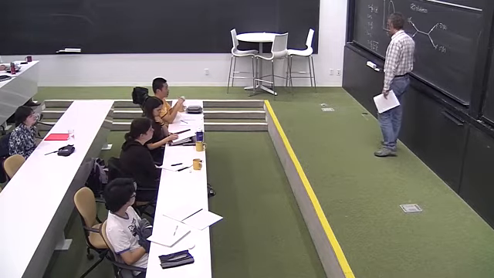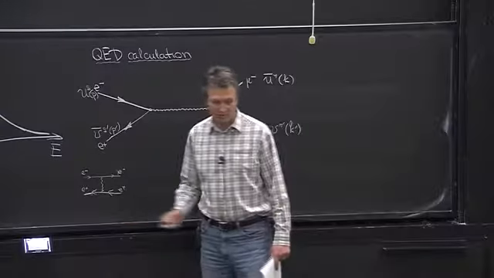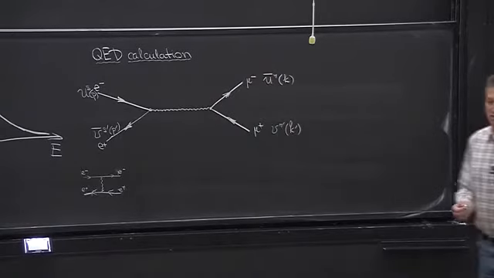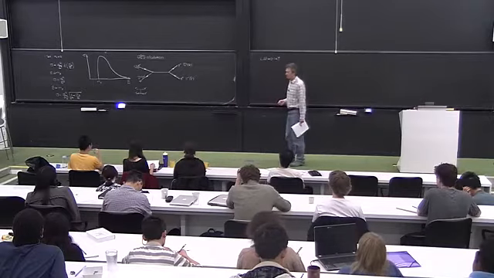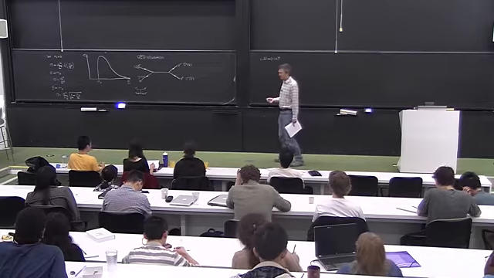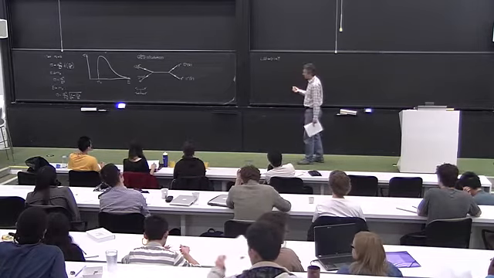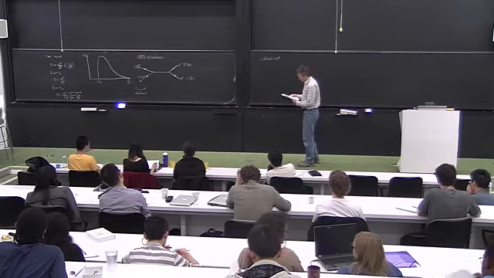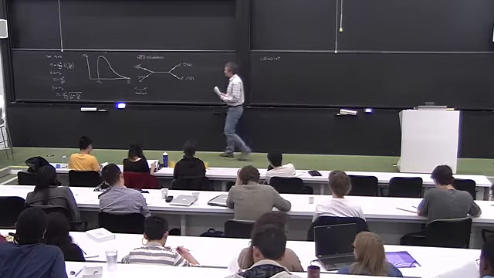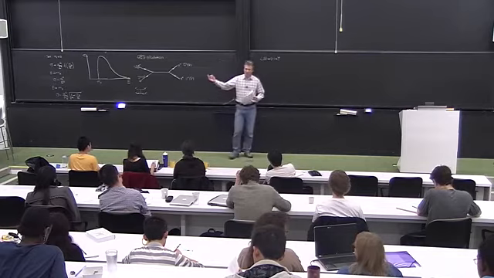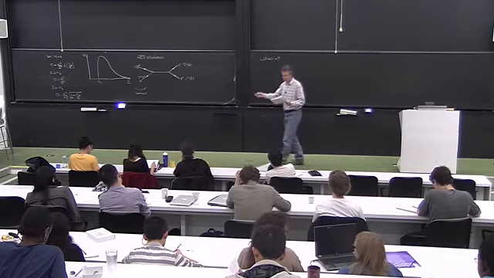Yes. So an electron cannot become a muon by emitting a photon. There is no such thing. So is this diagram the only contribution? It's the only contribution. This is just one diagram that we have to compute. Any other diagram will have more vertices and therefore will be of higher order in alpha, and so will be very small.